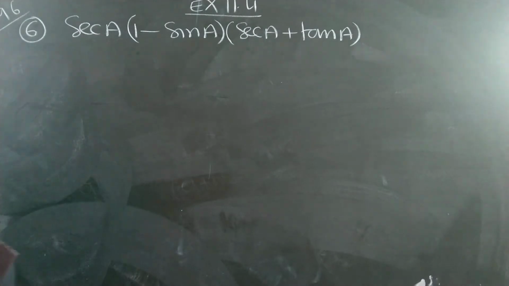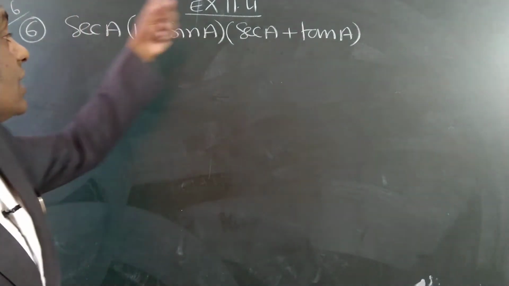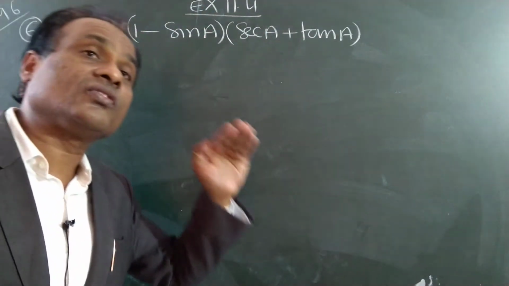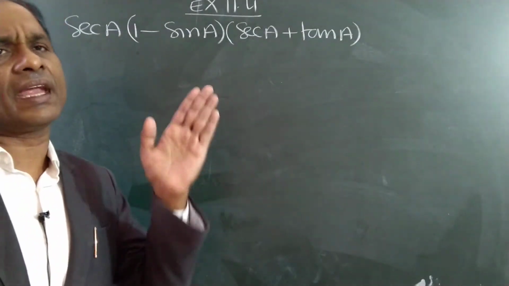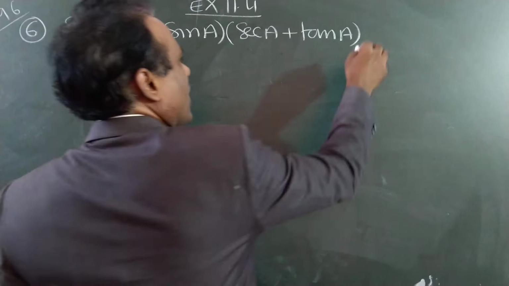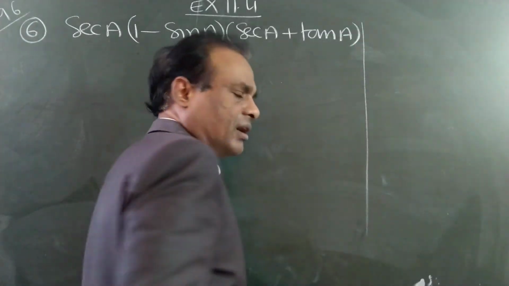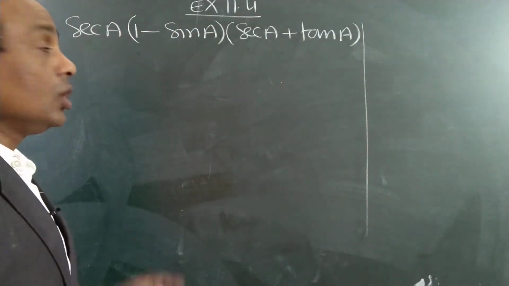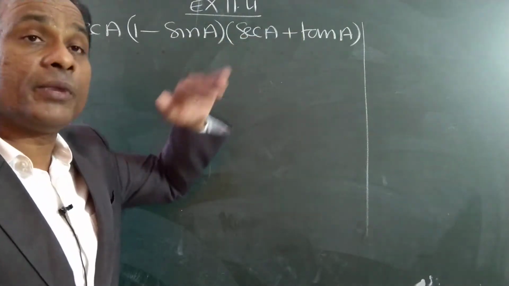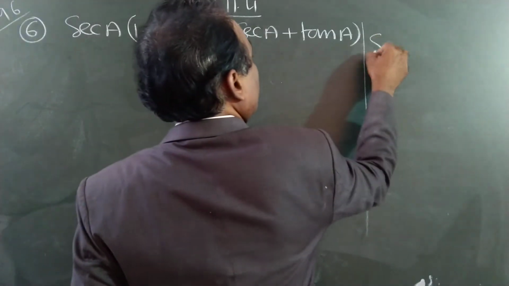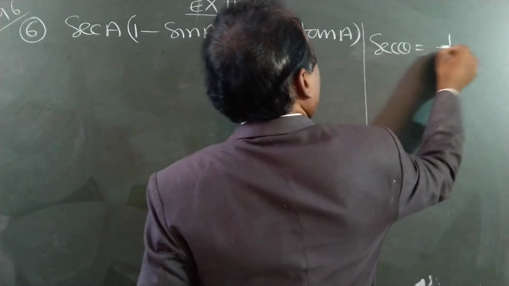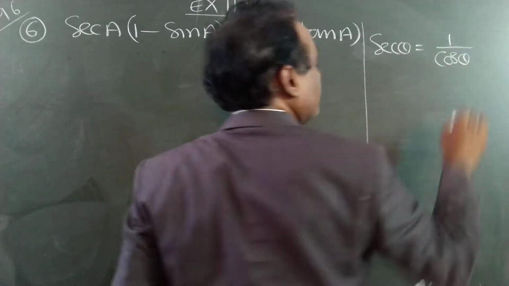So first step, you remember, changing this total problem into sin theta and cos theta, because angle is A, sin A and cos A. For that we have the formulas. Secant A is equal to 1 by cos theta.